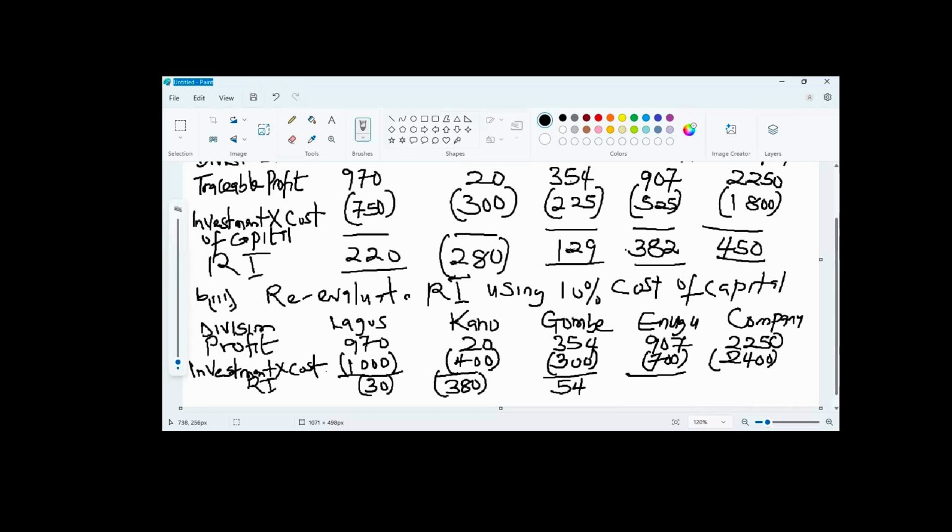Oh, is it? Oh, it's my error. We actually got 906 for Enugu. This should have been 6, so this will be 206.